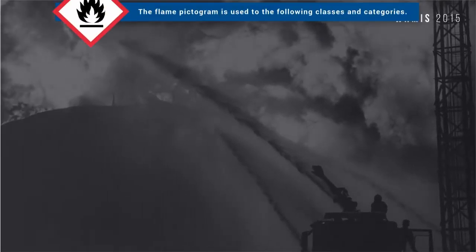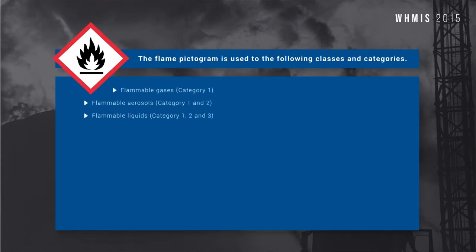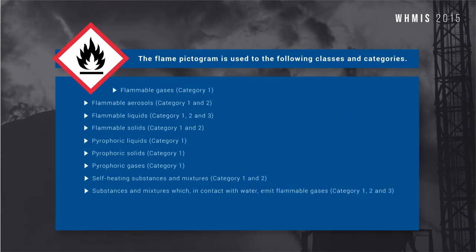The flame pictogram is used for the following classes and categories: flammable gases, aerosols, liquids and solids, pyrophoric liquids, solids and gases, as well as self-heating substances and mixtures, and those that emit flammable gases when they come into contact with water. Self-reactive substances and mixtures and organic peroxides are also listed here.